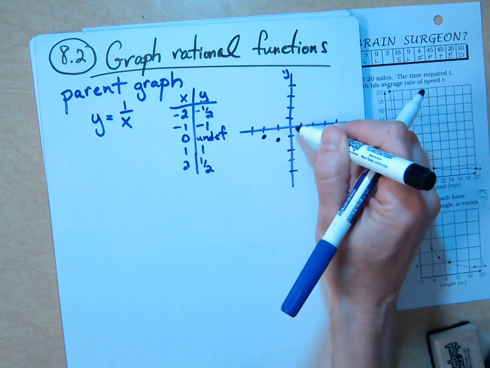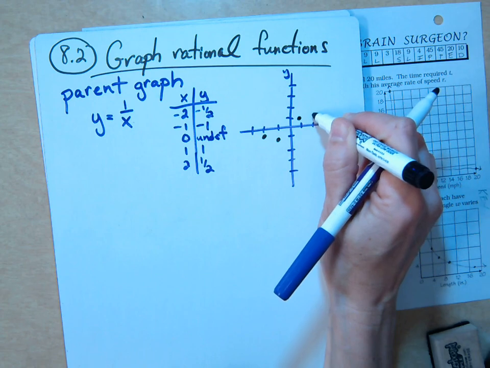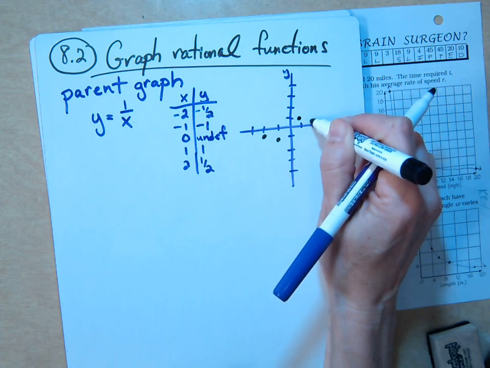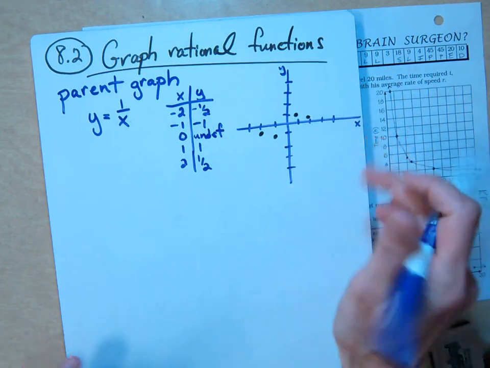I can't do anything at 0. 1, 1 is here. 2, 1/2 is there. So do you see from these 4 points that if you don't know ahead of time kind of what something looks like, it can be very difficult to draw a graph. So that's why we're learning what the shape is, so that you always know.